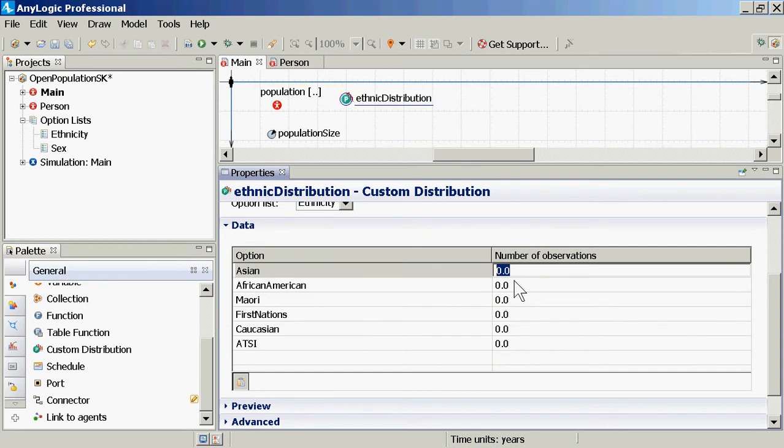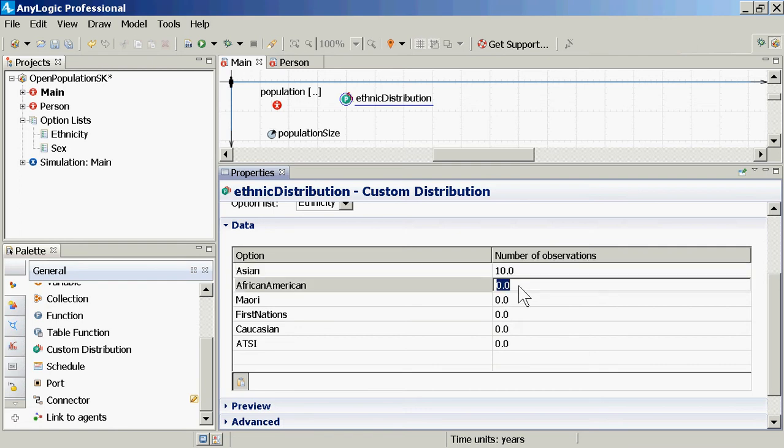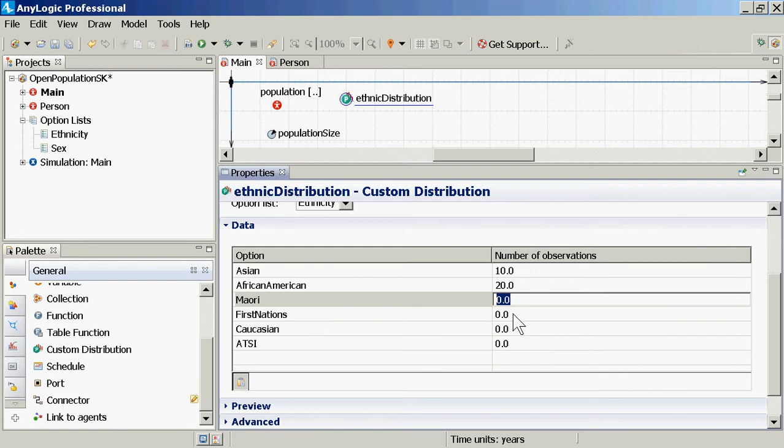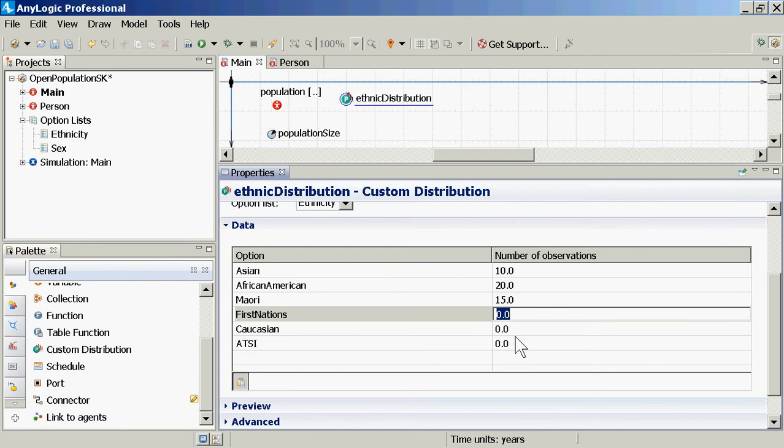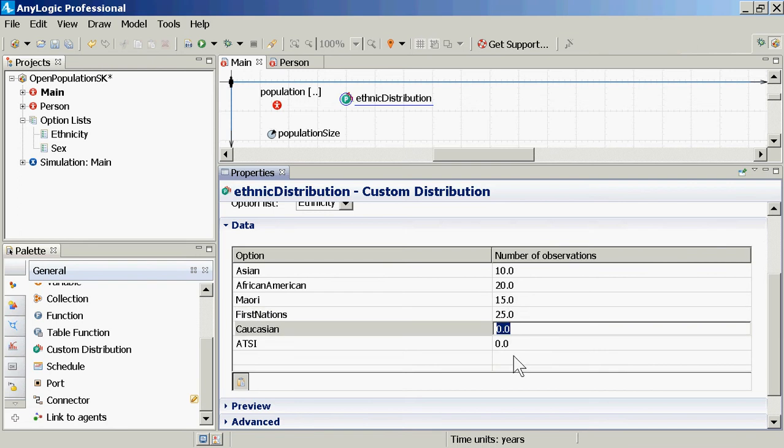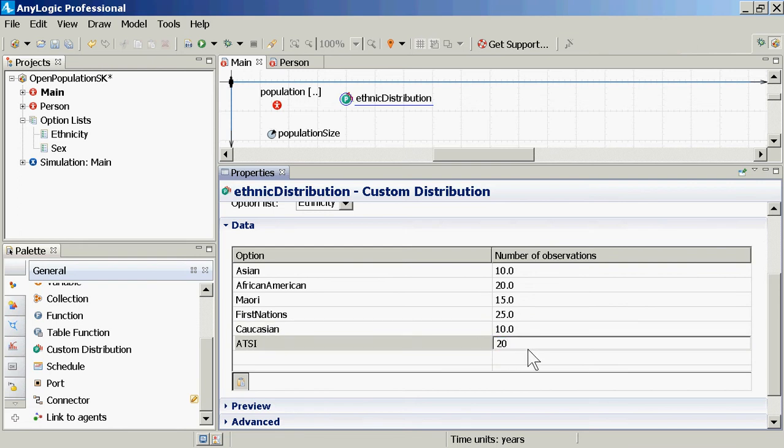Perhaps we're in a population where Asians form 10%, African Americans 20%, Maori 15%, First Nations peoples 25%, Caucasian 10%, and Aboriginal peoples from Australia 20%. Okay?